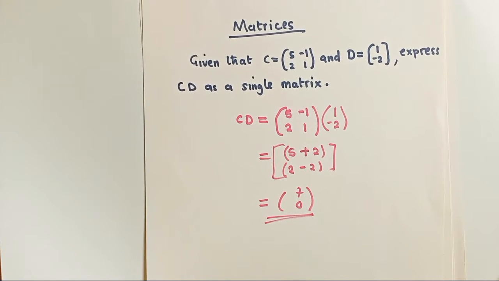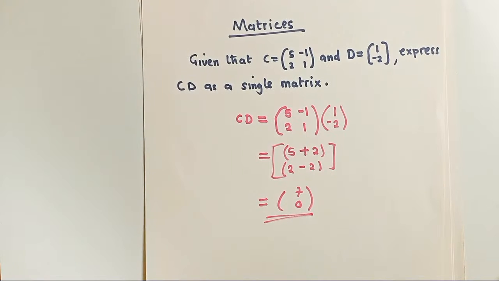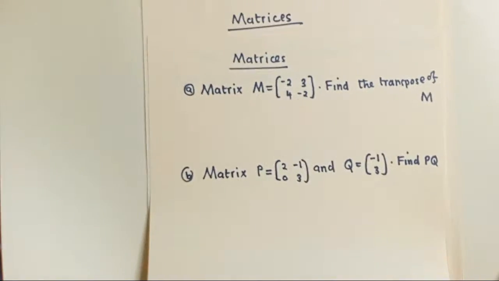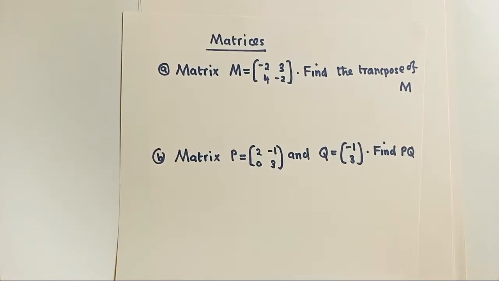So without wasting our time, we go to the last question on matrices. If you think the answer is not okay, you are free to confirm and say, no, the answer I think is not okay. So the next question is this one on matrices.